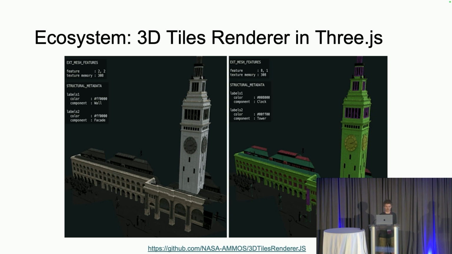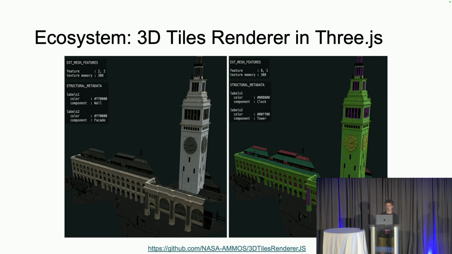I also wanted to touch on a few high-level ecosystem updates. This was also covered in the keynote, but I really want to point out that the 3D Tiles renderer in three.js is really good, and there's been a lot of improvements lately. This screenshot is showing support for 3D Tiles metadata, especially that per-texel metadata that I touched on.